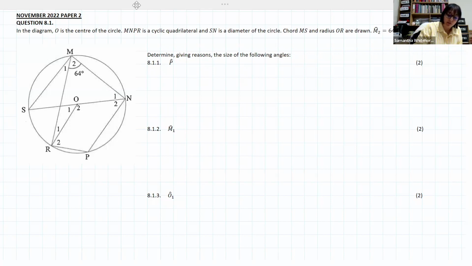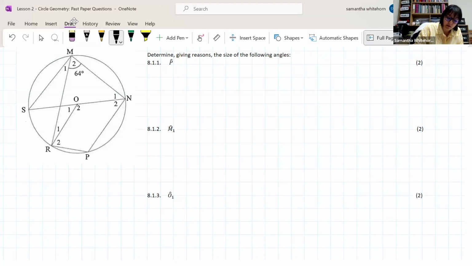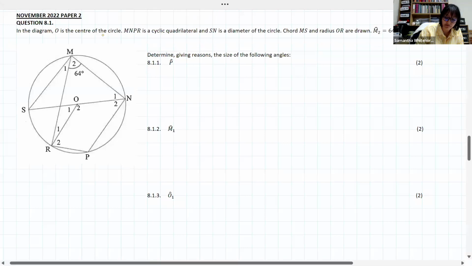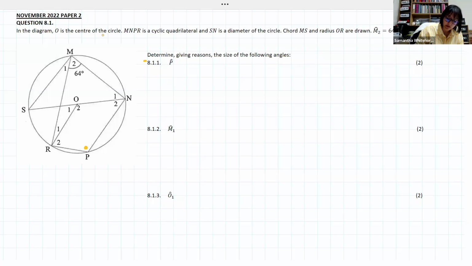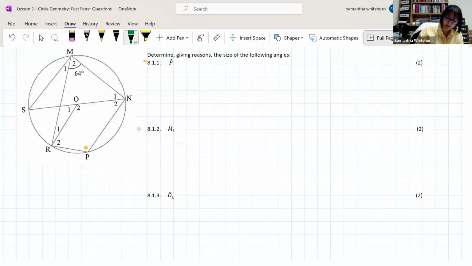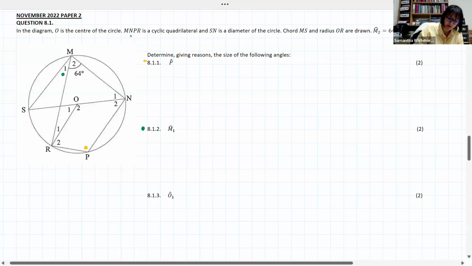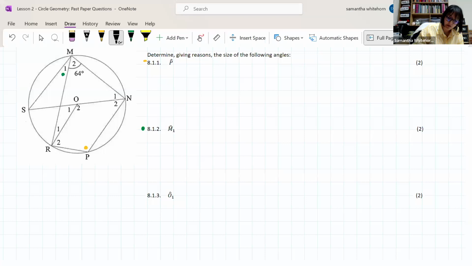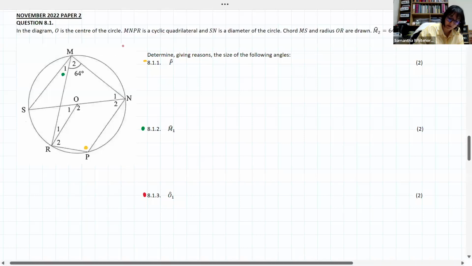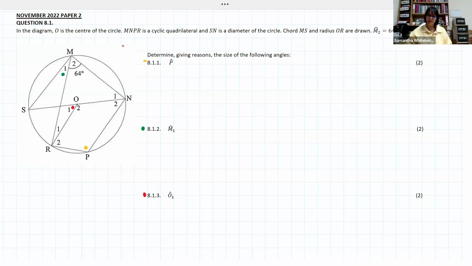So I want angle P, which is down here. Love it. Angle M1. And then angle O1. Right, remember your reasons.